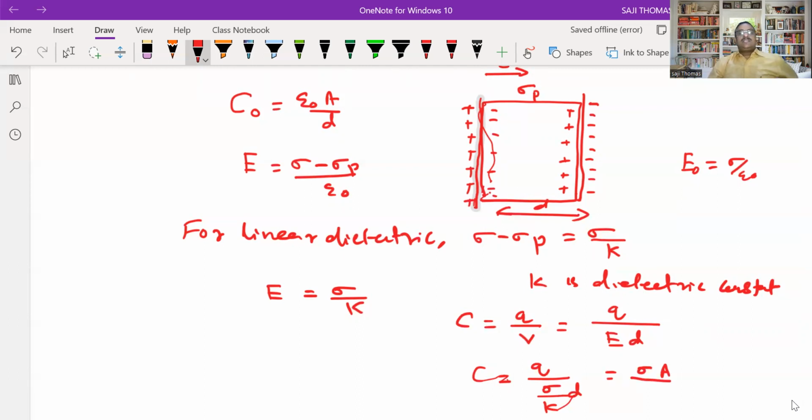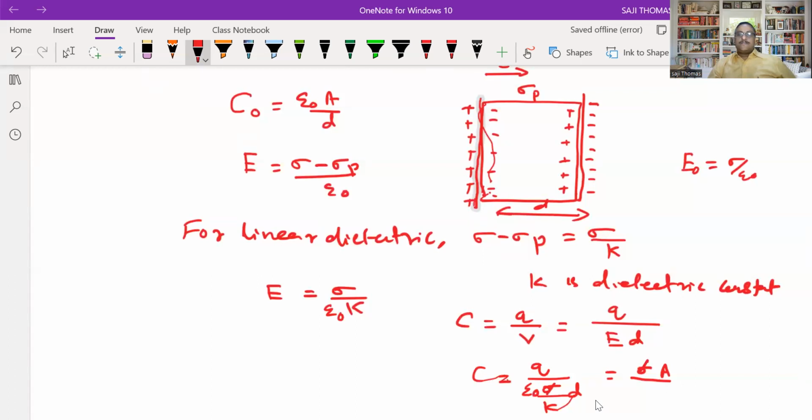So sigma minus sigma P is sigma by K. So E was sigma by epsilon 0 into K. Here there was an epsilon 0, I missed it. So sigma cancels there.